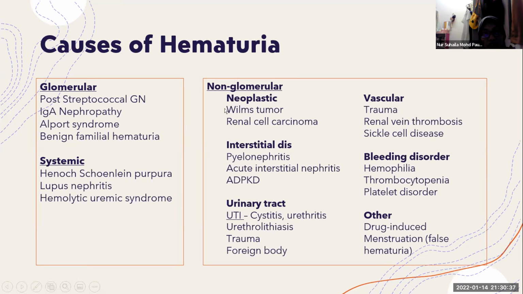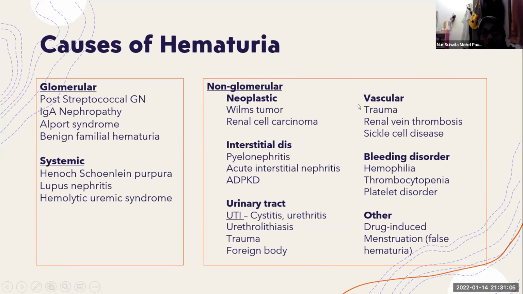It can be due to neoplastic causes, such as Wilms tumor, the most common renal tumor in pediatrics. It also can be caused by interstitial disease, such as pyelonephritis, and ADPKD, autosomal dominant polycystic kidney disease. Then it can also originate from the urinary tract, such as in UTI, stones such as urolithiasis, trauma, and foreign body.